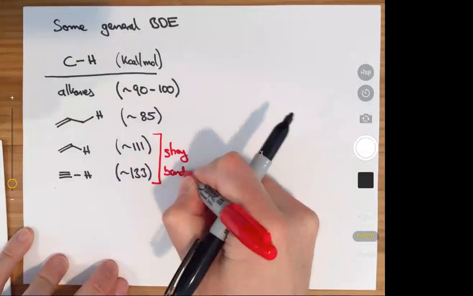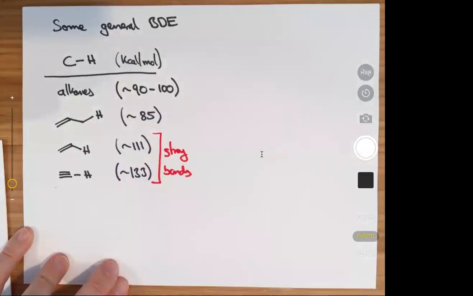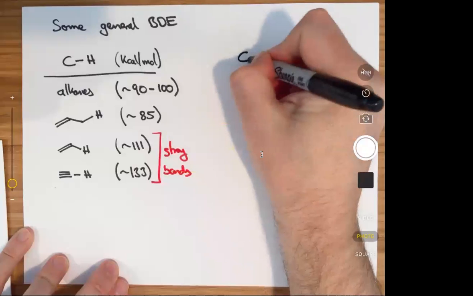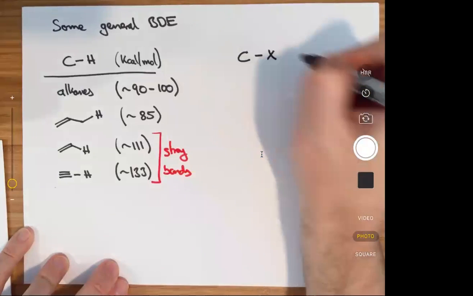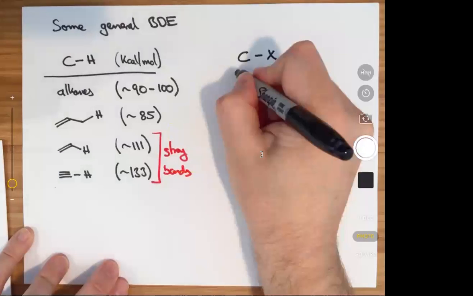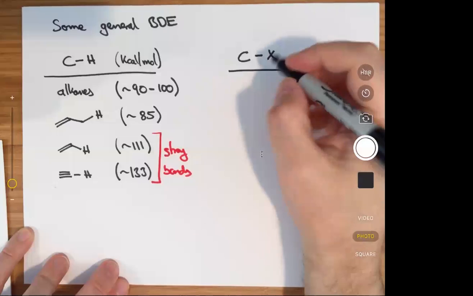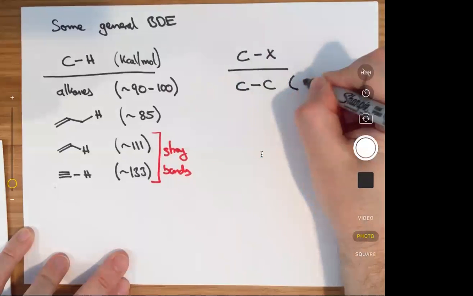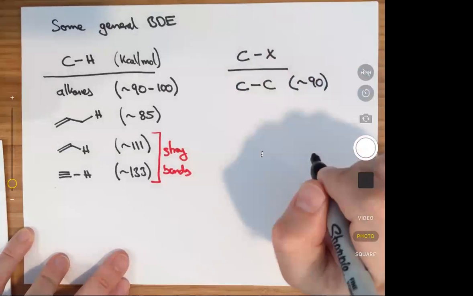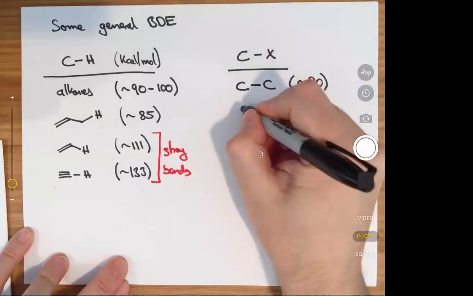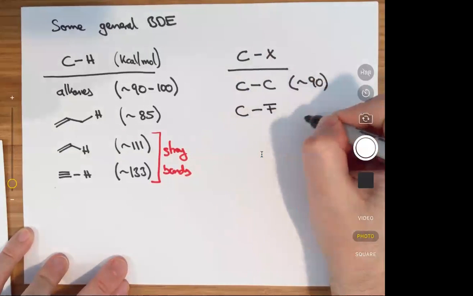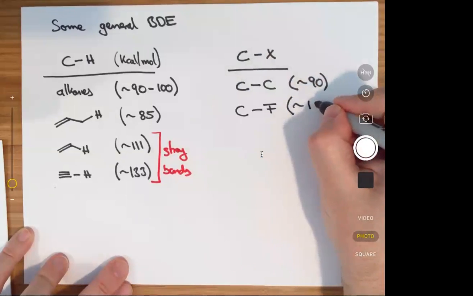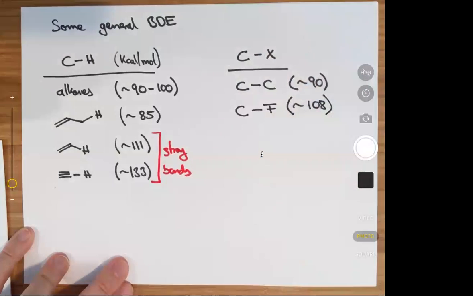All right, let's move on to heteroatom bonds. If we have carbon bonded to a heteroatom X, as a reference, a CC bond is roughly 90 kilocalories per mole. A CF bond is stronger, around 100; I think in the textbook it's about 108.